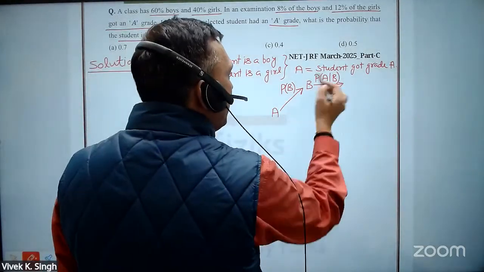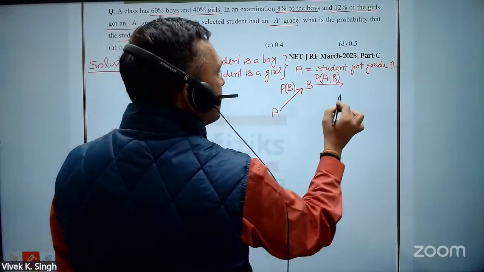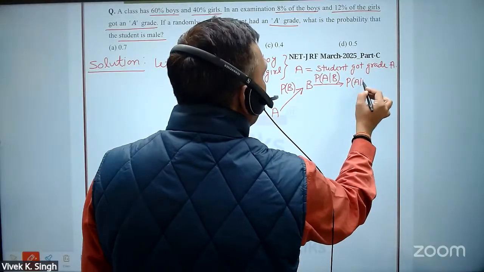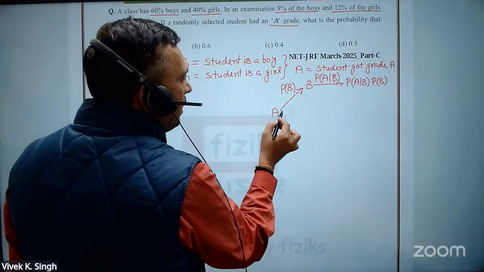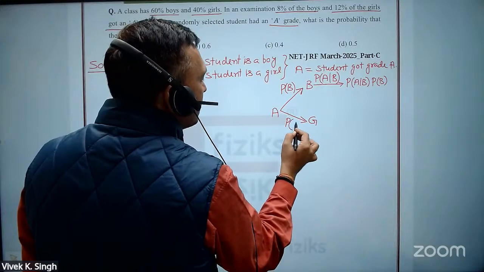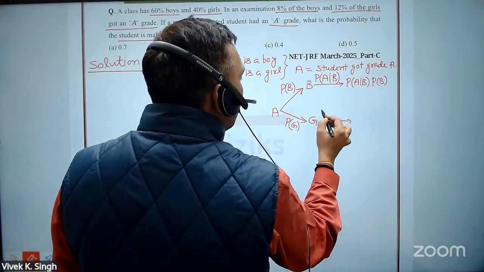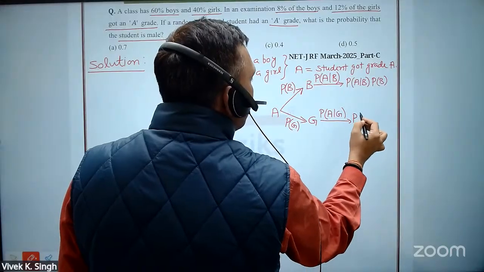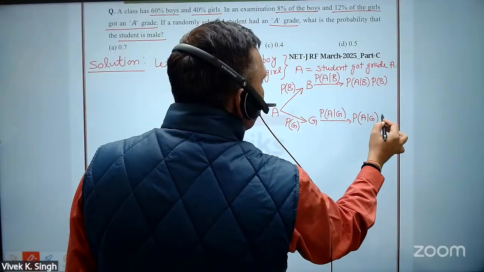So this will be given by P(A|B) into P(B). Similarly, we will see for girls also, and they are 40%. So this is P(G). If you have selected the girl, the probability of getting grade A if girls are selected will be given by P(A|G) into P(G).